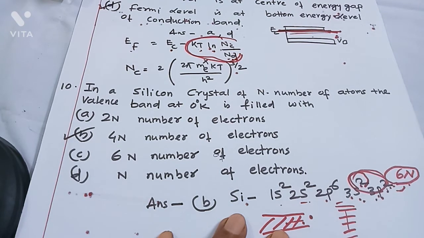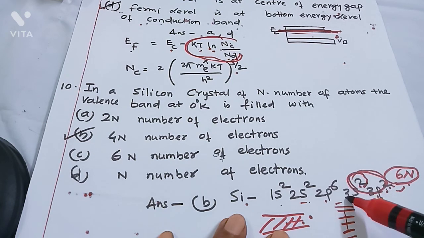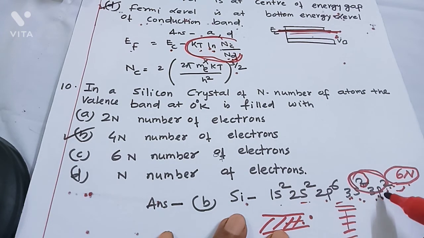Now, in an atom there are 3s 2 electrons and 3p 2 electrons, and there are 6 quantum states in p orbital, out of which 2 are filled.